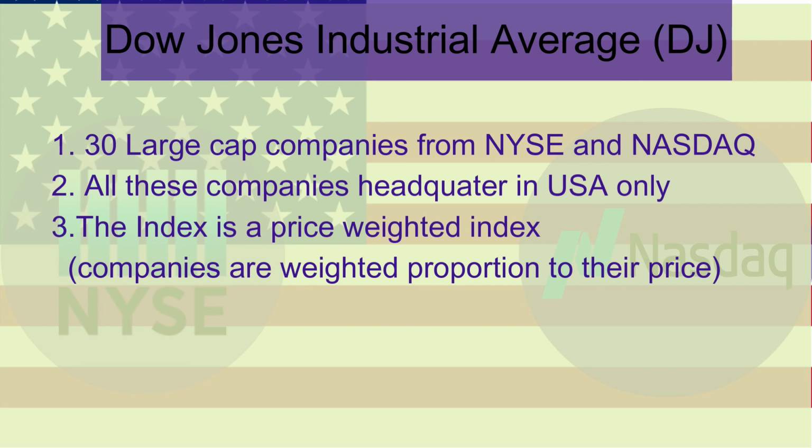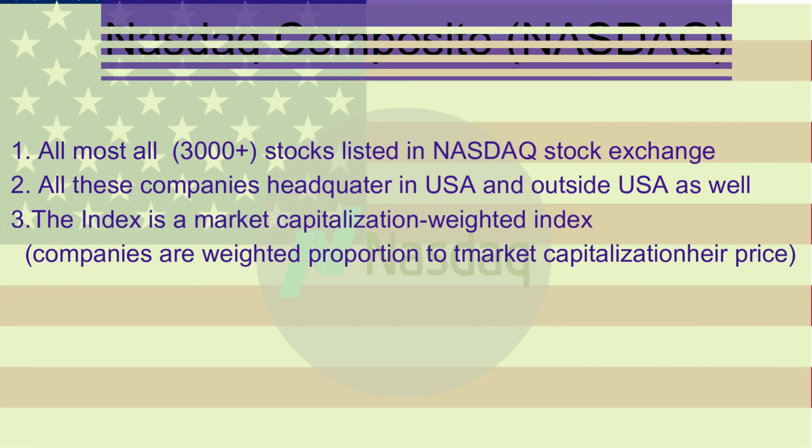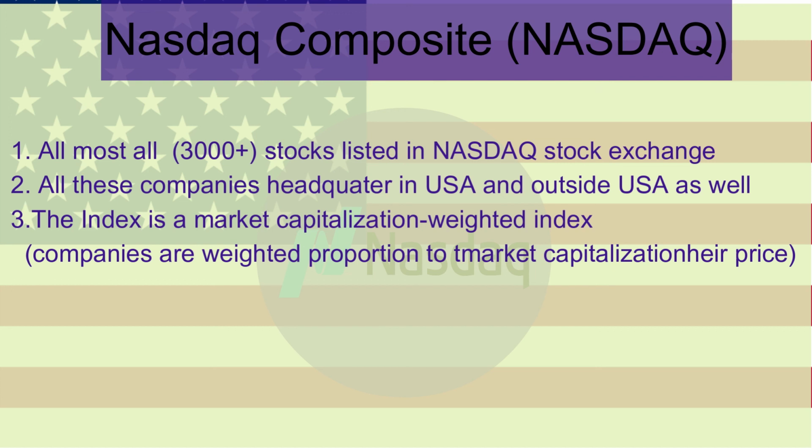The next index is the NASDAQ Composite, which refers to the NASDAQ Stock Exchange. Almost all the stocks listed on the NASDAQ Stock Exchange, more than 3,000 stocks, constitute your NASDAQ Composite or NASDAQ Index.